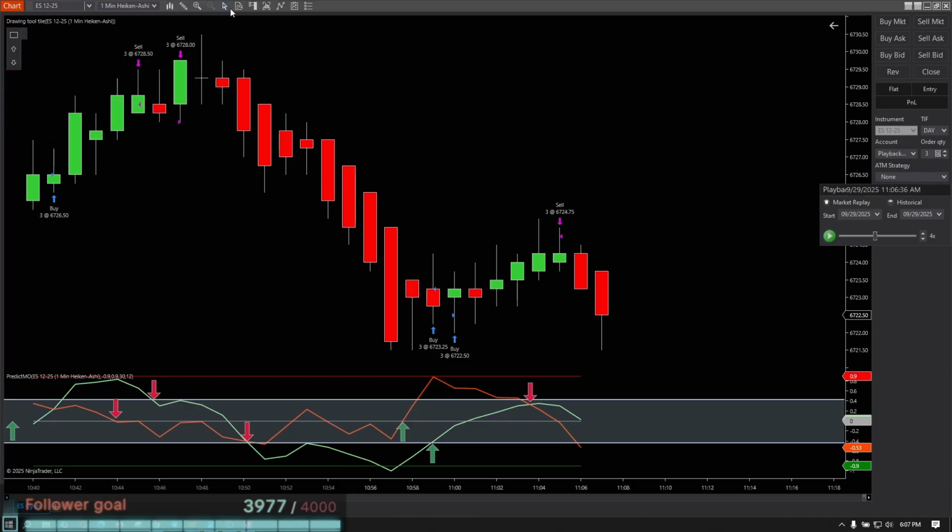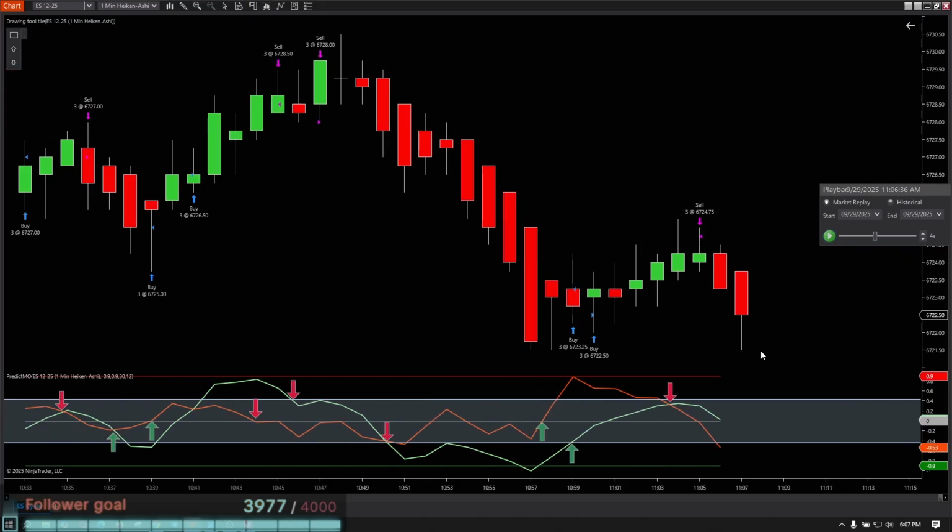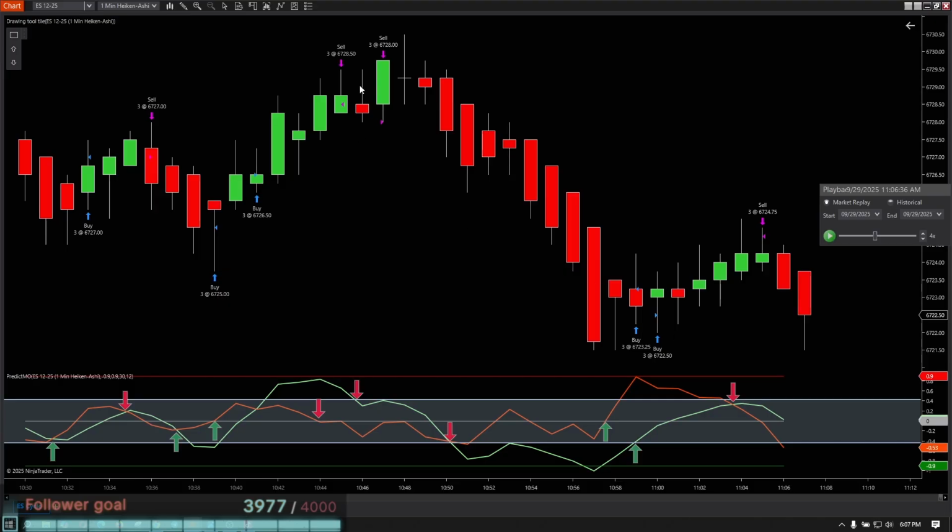All right, guys, and that's exactly what algorithmic trading looks like right there for you, okay? I just kind of went over this. I've been here for like the last half hour, you know, trading the 1-minute bars, which is honestly a lot of trades, okay? So here's the challenge I've got for our members. Definitely take a moment, pause what you're doing, load your ES, your E-mini S&P on a 1-minute chart, add PredictMO, whatever setting you use, okay?